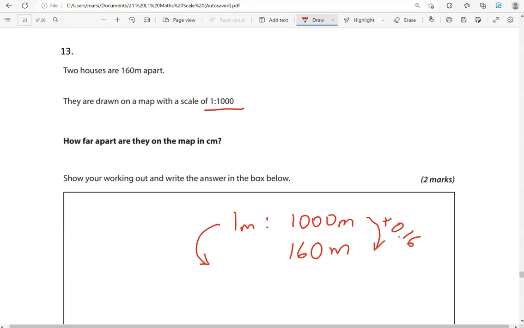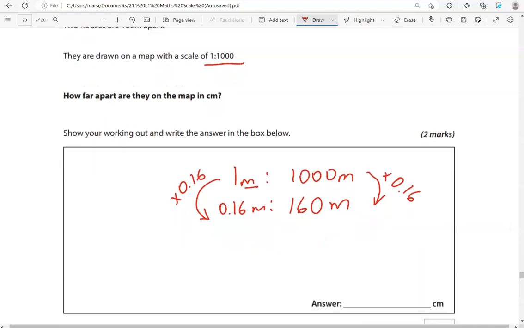So we'll do the same here. 1 times 0.16 gives us 0.16, and it's meters. So we're going to give our answer in centimeters. We know that in 1 meter there are 100 centimeters. What about 0.16 meters?